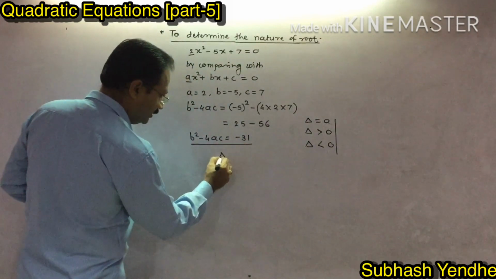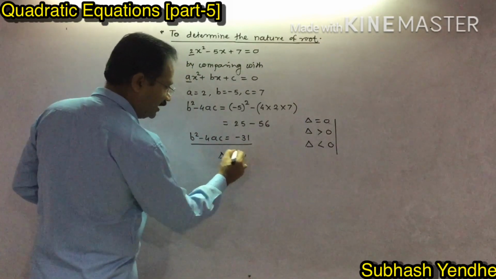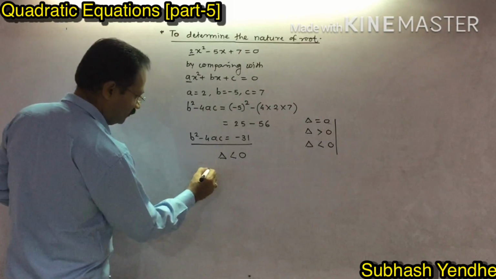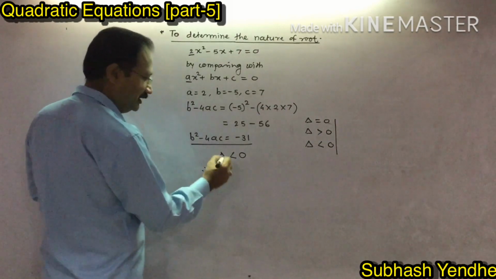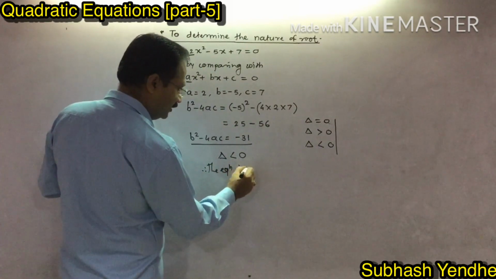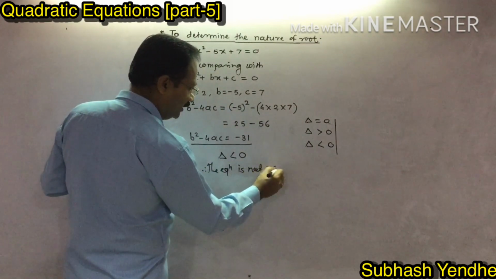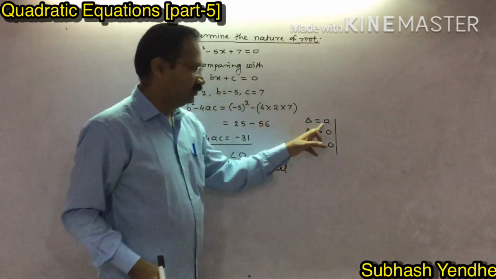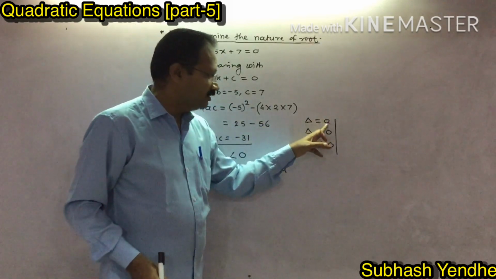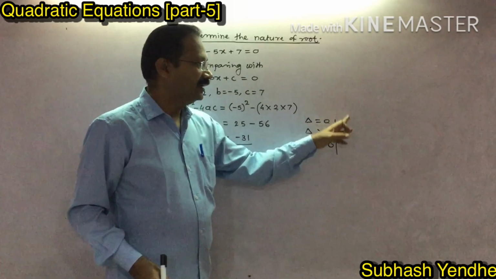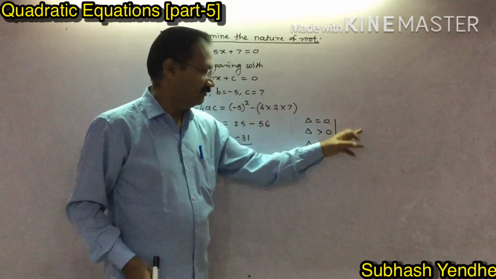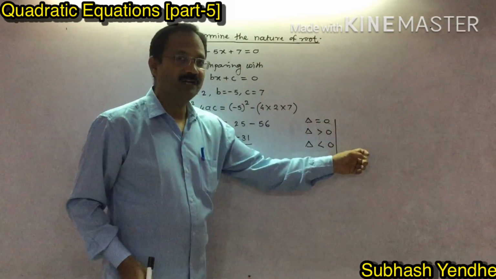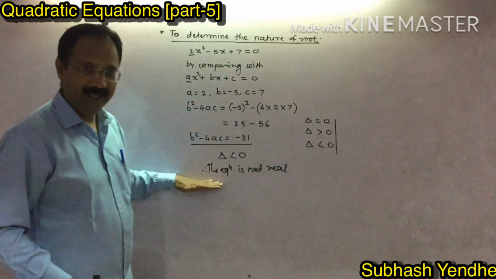So we can write it here, discriminant is less than 0, and therefore the roots are not real. Here I told you that if it is equal to 0, then the roots are real and equal. If it is greater than 0, real and unequal. And this is not real. Okay?